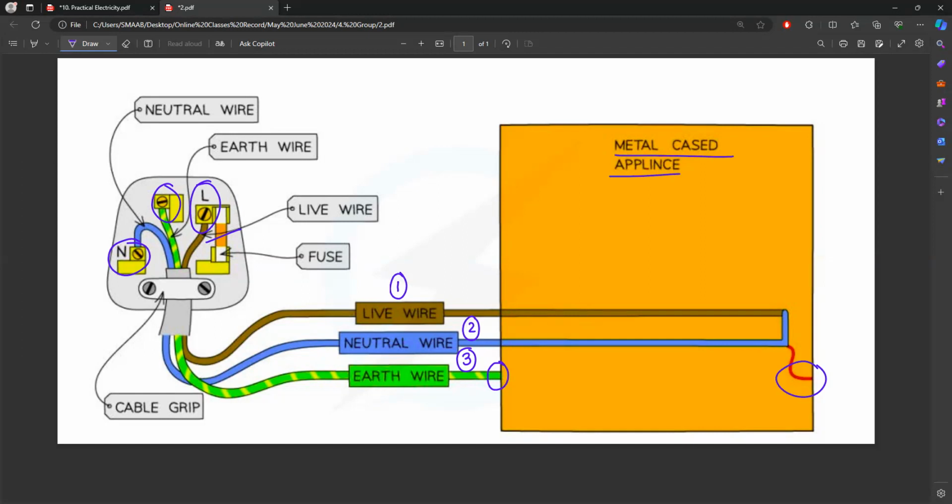So now we have three different wires: live wire, neutral wire, and earth wire. So let's see what the purpose of these three wires is, and why we always connect the fuse with the live wire.